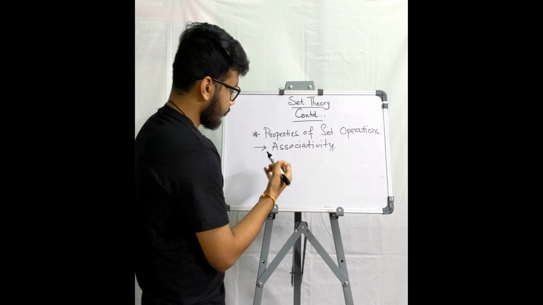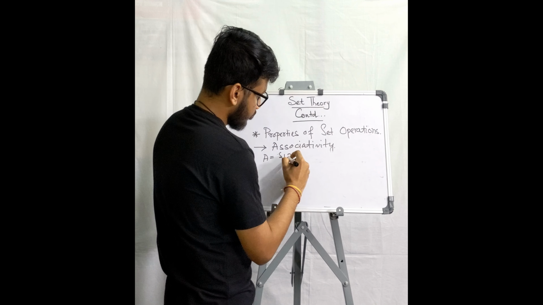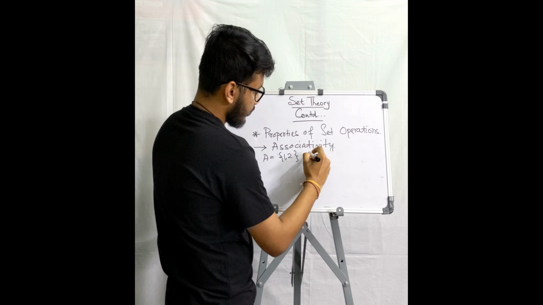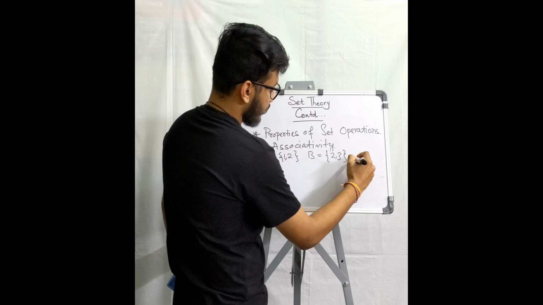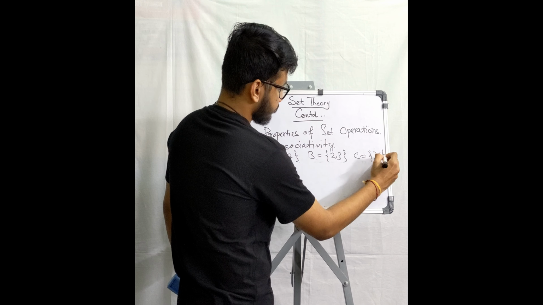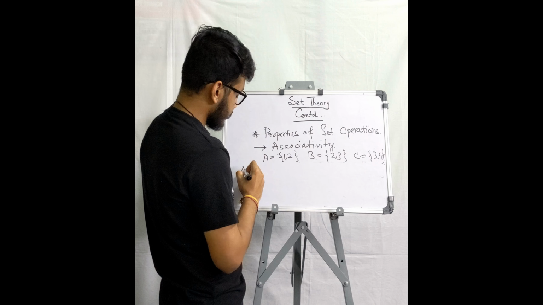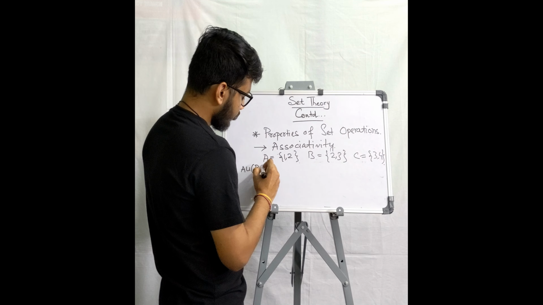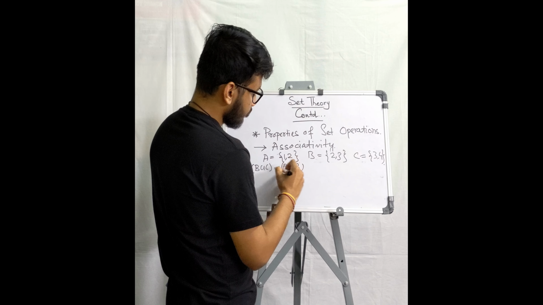Suppose we take A as 1, 2, B as 2, 3 and C as 3 and 4. Now the first law says that A union (B union C) is equal to (A union B) union C.